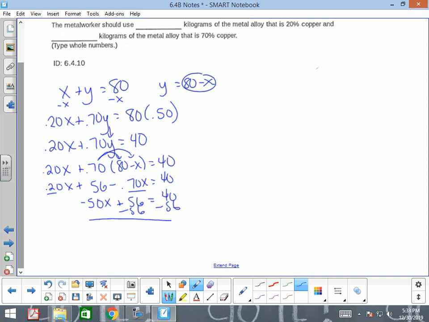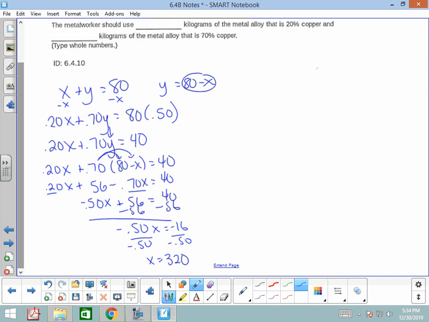Oops, no, I had that right the first time. Yep, negative 0.50x equals negative 16, divided by negative 0.50, and x is equal to 32. Okay, so x is 32, and so y is 80 minus 32, which is 48.